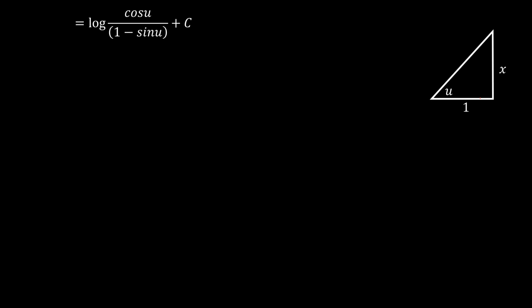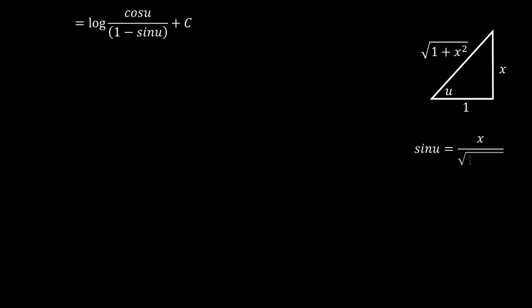The interesting thing is, well, we said let u be equal to arctangent of x. And so if we have a right angle triangle with the base angle being u, since x is the tangent of u, we have x over 1 equal to the tangent. So opposite will be x, adjacent will be 1, and the hypotenuse will be square root of 1 plus x squared.